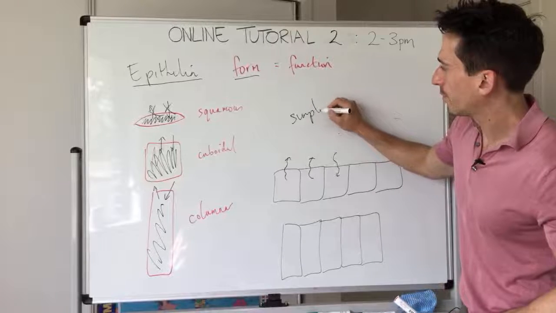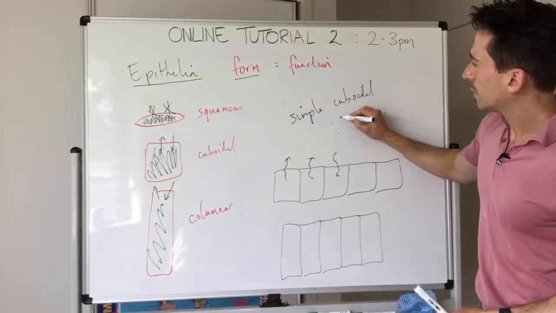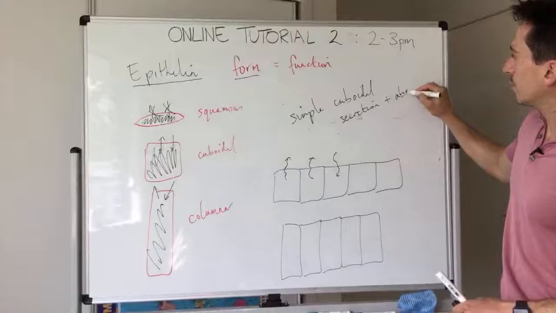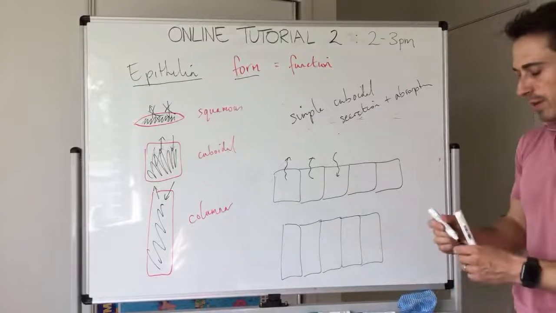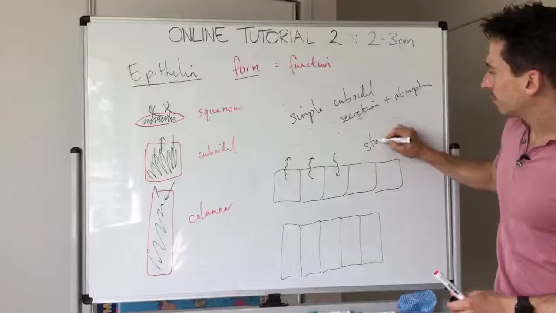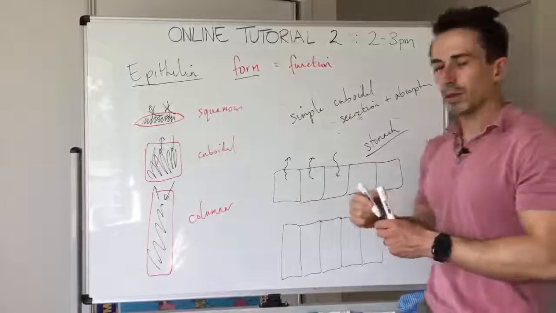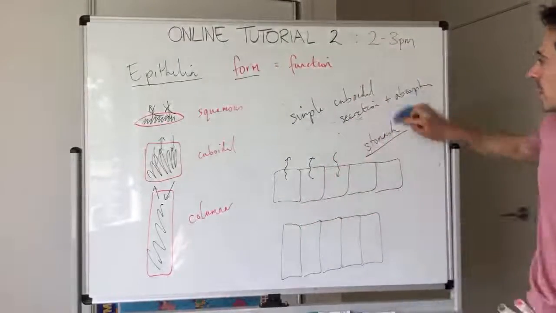Simple cuboidal is often there for secretion and absorption. And the same thing happens with columnar epithelia. All right, so for example, the stomach. Simple cuboidal epithelia. All right, let's move on because I've already done videos on this.